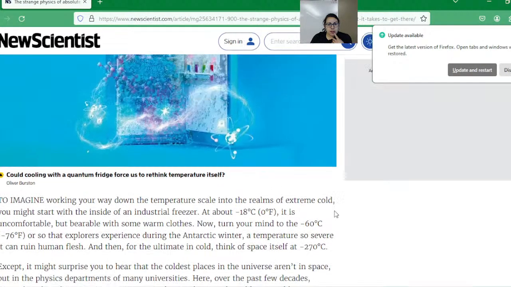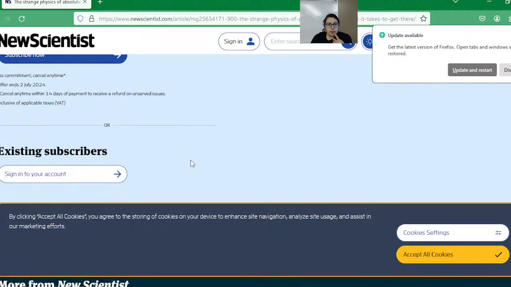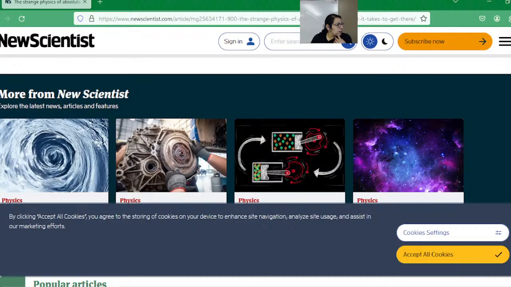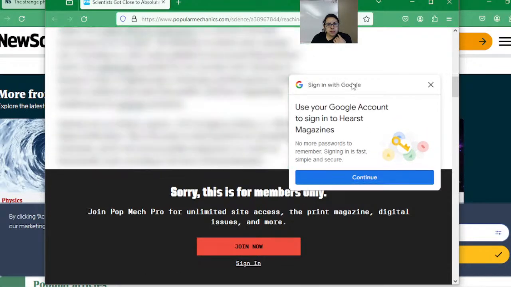They're trying to get down there. Oh, this news article was not the one I was looking for. It's kind of interesting.